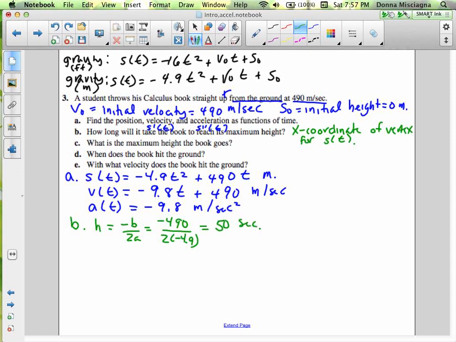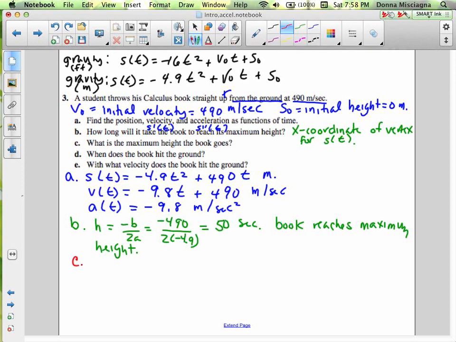The book reaches its maximum height at 50 seconds. We should probably explain what some of these things are, because sometimes people get lax, and I want to make sure it's clear for you as well. Now we want to find out what's the maximum height.